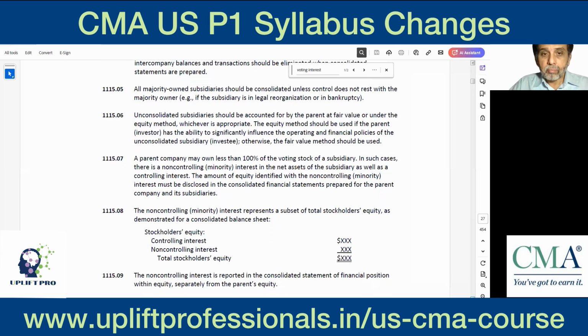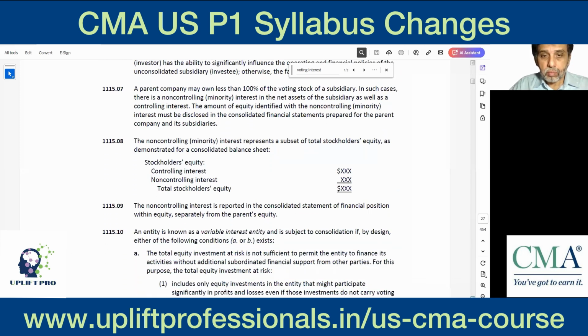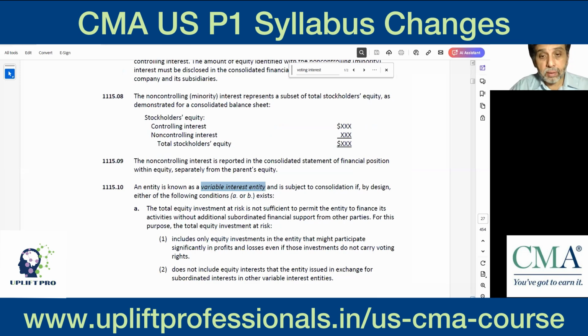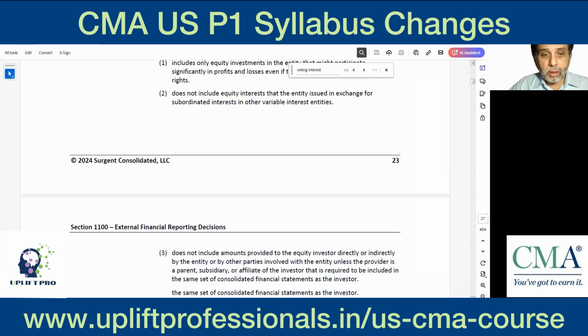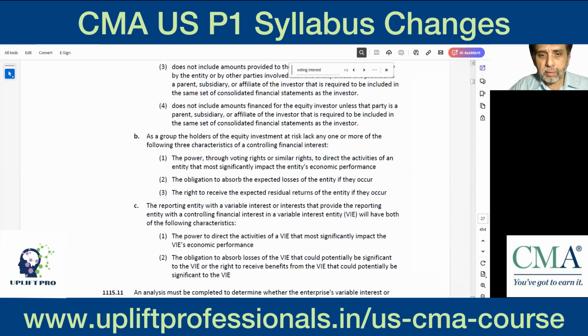The variable interest entity is also mentioned here, where there's going to be a primary beneficiary who has to consolidate with the company over which they have significant control. So the theory goes on like this. Not much numbers to show it.